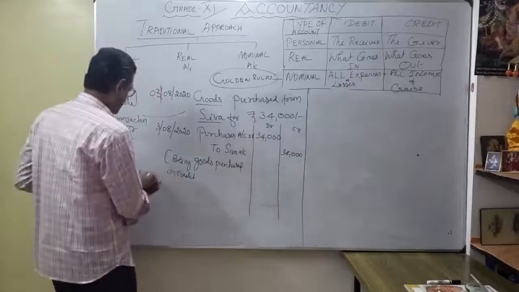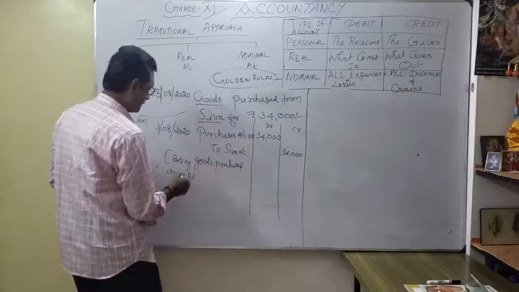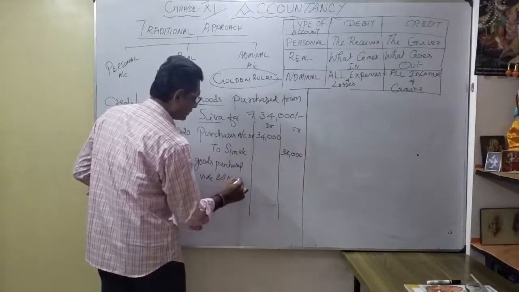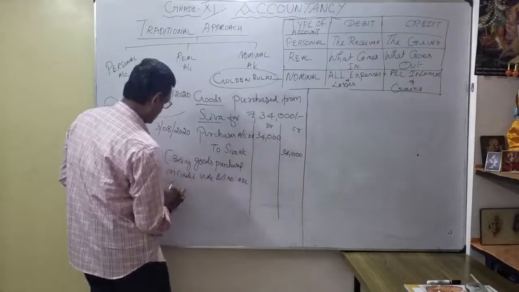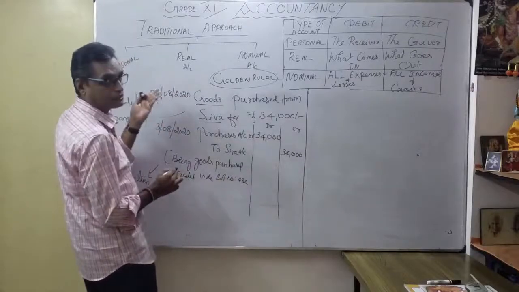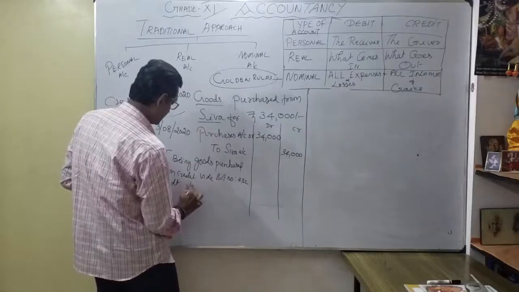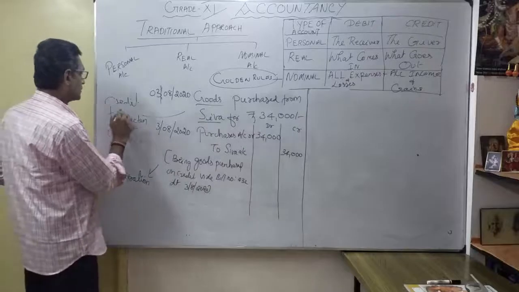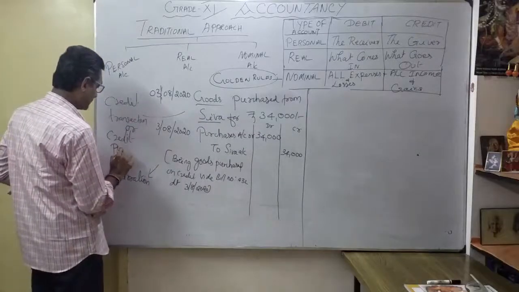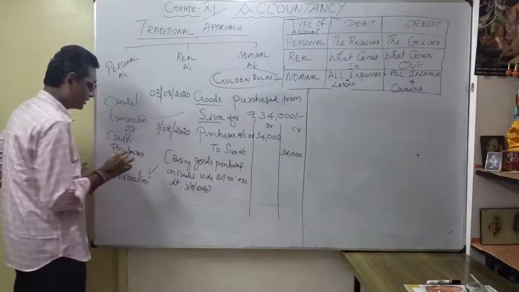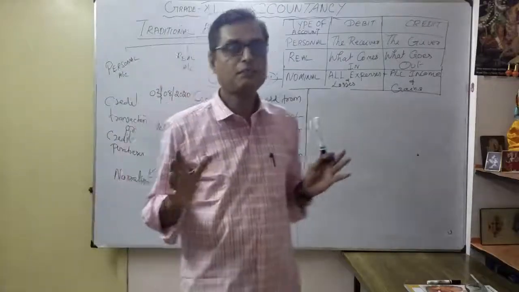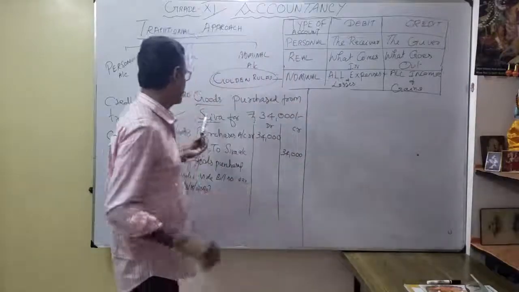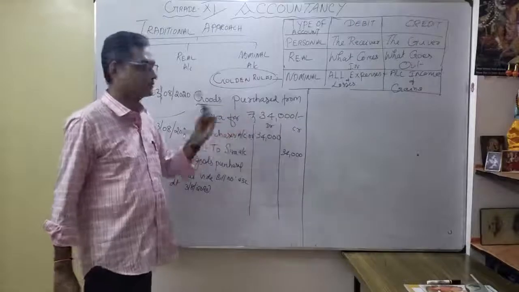We can write as a narration, being goods purchased on credit, vide bill number, whatever, dated maybe 2nd August or whatever, even I put the same date, 3rd August 2020. So understood? This is called a credit transaction, credit purchases, because we purchased the goods but have not yet paid. That is the idea here. That's why it is called credit purchases, because the name is coming: goods purchased from Shiva for 34,000.